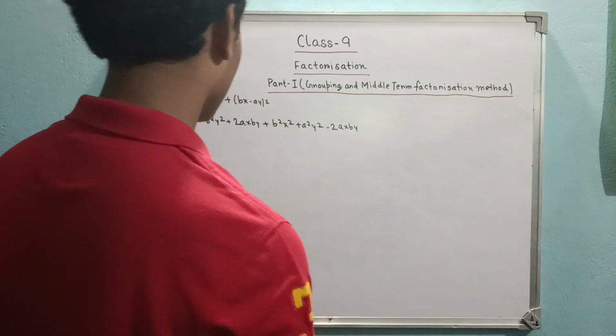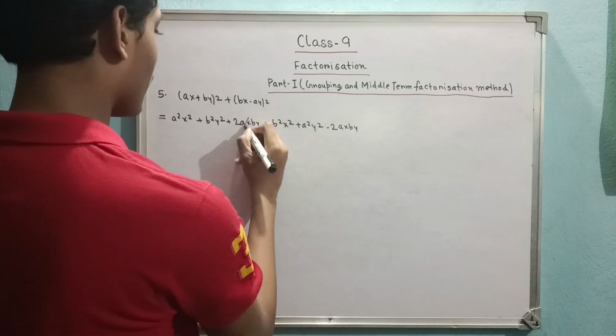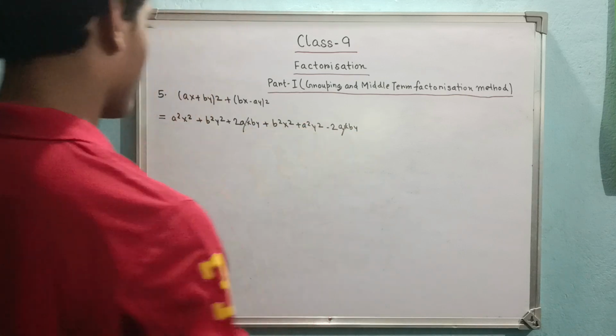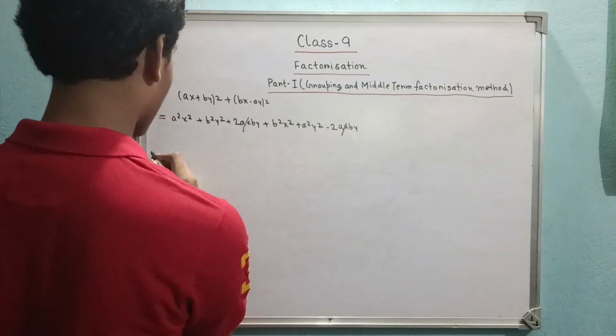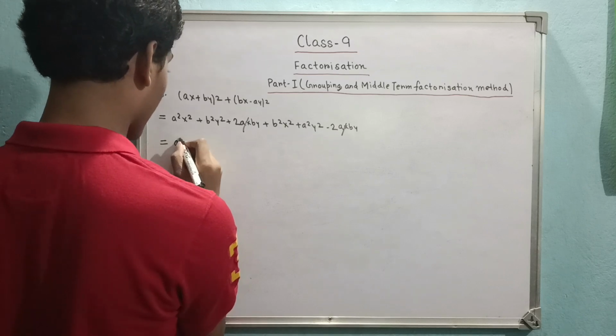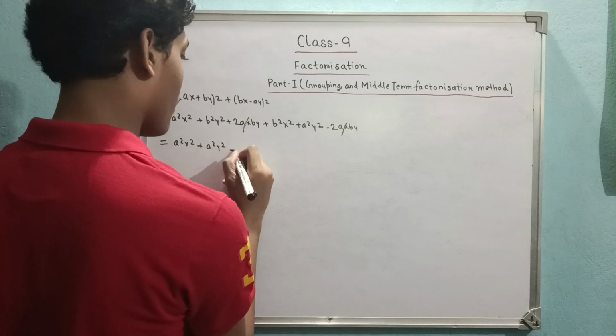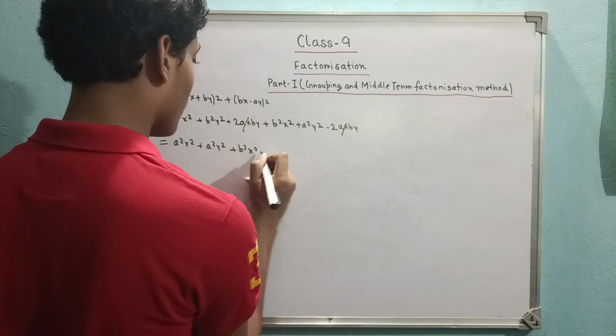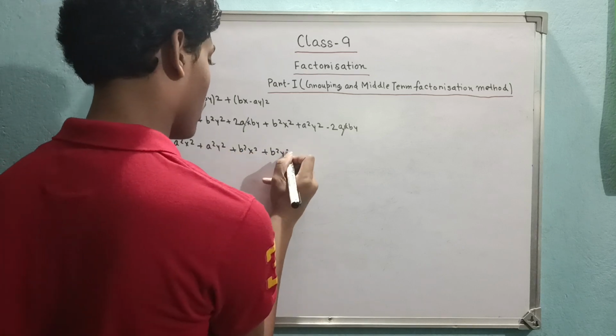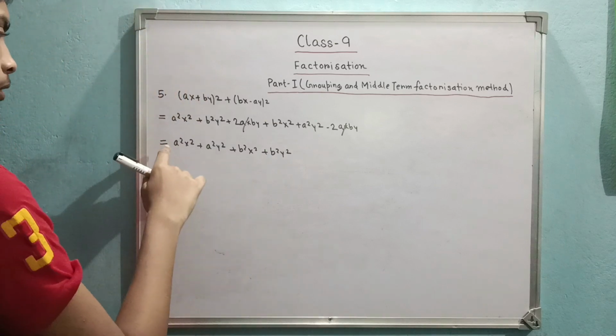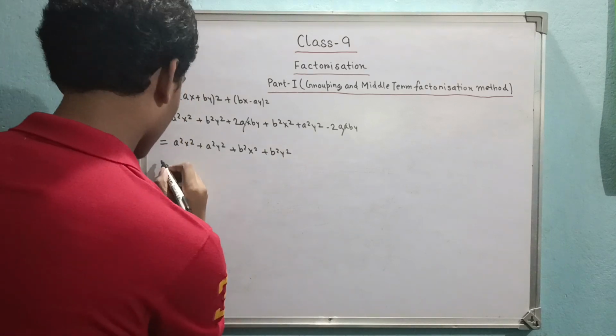Okay. So now this is it. Now this gets cancelled out. We are left with these four terms. Now let's arrange them properly. This can also be written as a square x square plus a square y square plus b square x square plus b square y square. Easy. From these two, let us take the a square common.